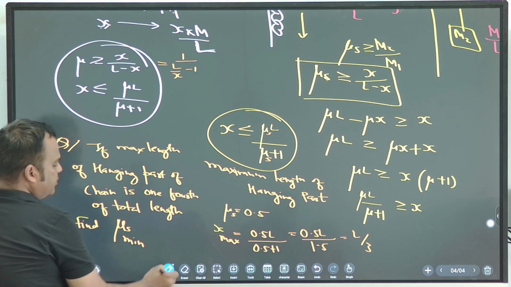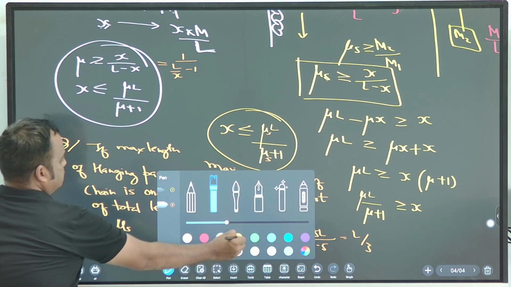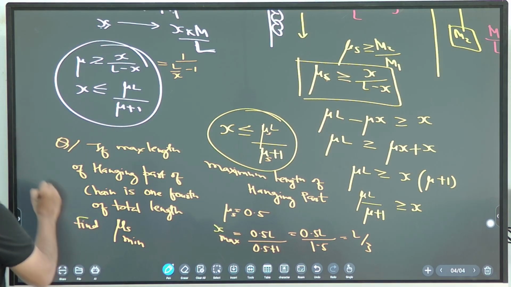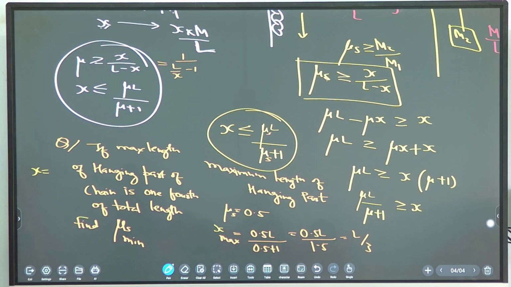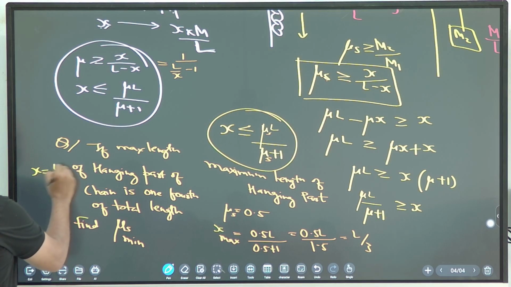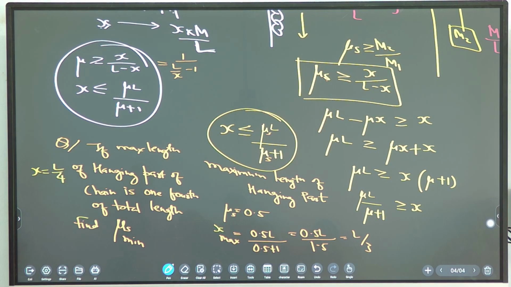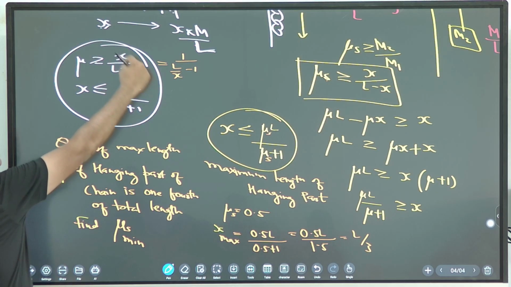So what is the x value? 1/4 means how much? L by 4. Correct. 1/4 means L by 4. So x is equal to L by 4.